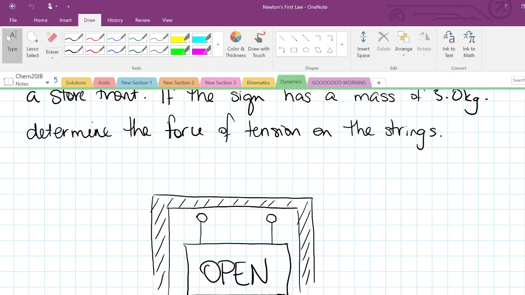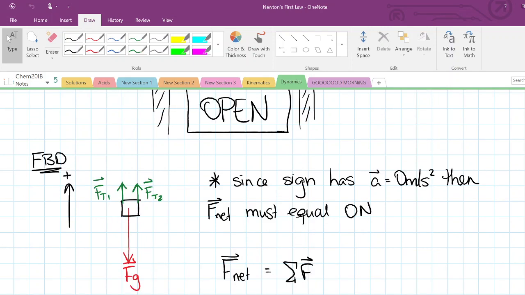In the diagram I made for the open sign, we're dealing with vectors. Much like in the kinematics unit, whenever we deal with vectors, we have to include direction. So I've placed my axes over here, and typically we say up is positive, which is what I'm doing here, so down is going to be negative.